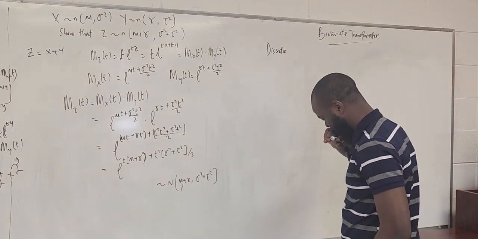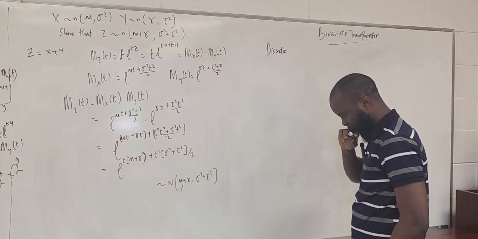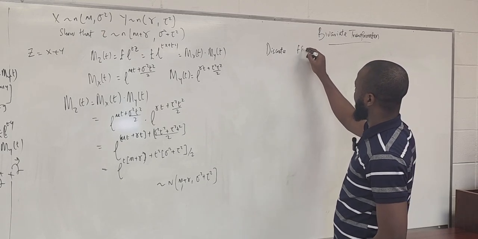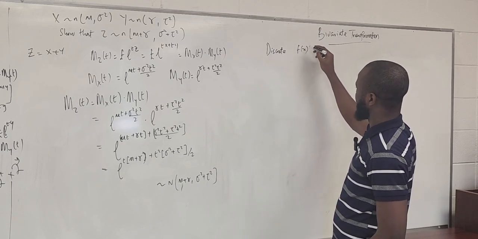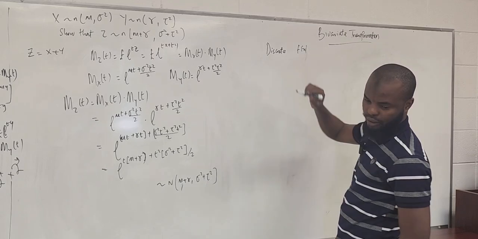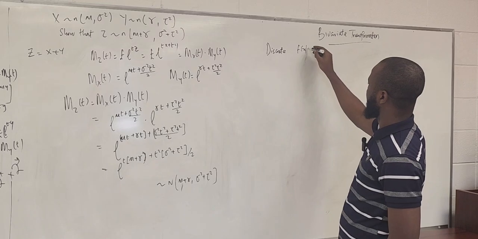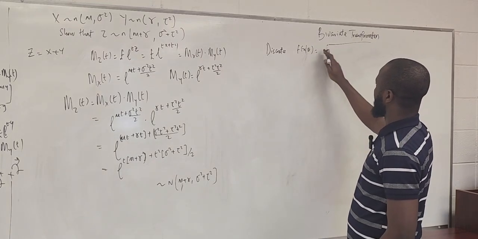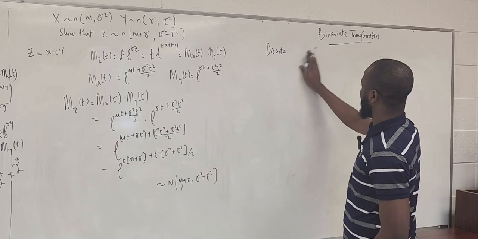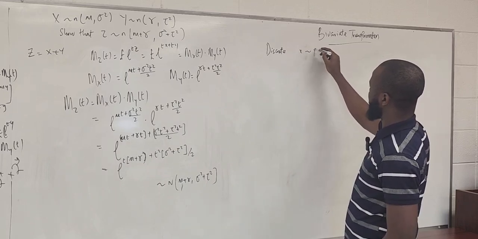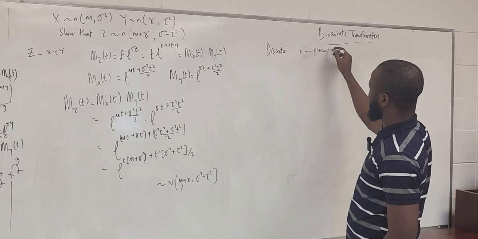We have f of x given theta. We have X follows Poisson theta.